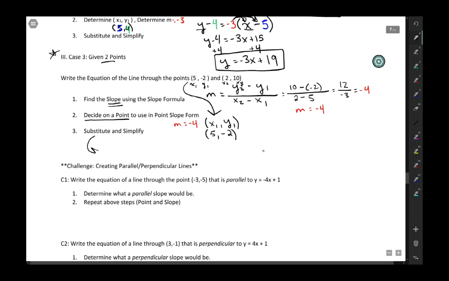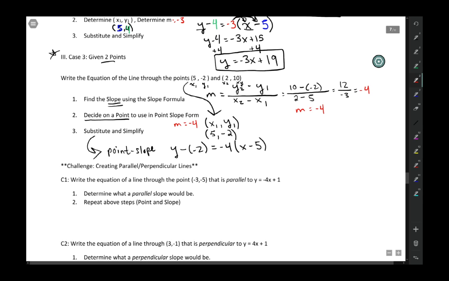Which means we're going to substitute back into point slope, since we have a point and we have a slope. y minus -2 equals -4 times the quantity x minus 5.